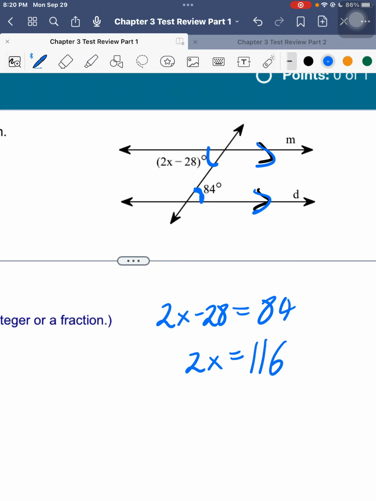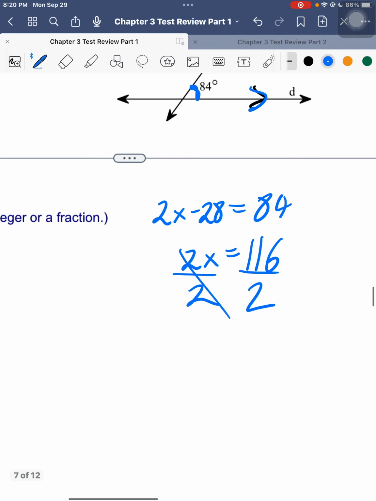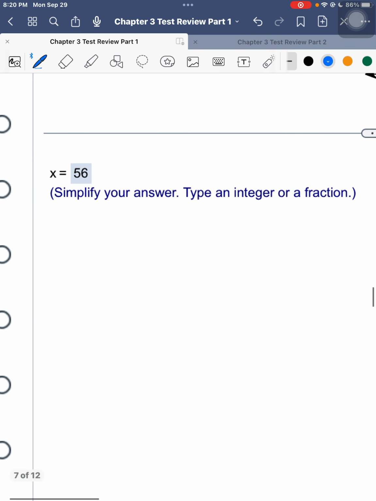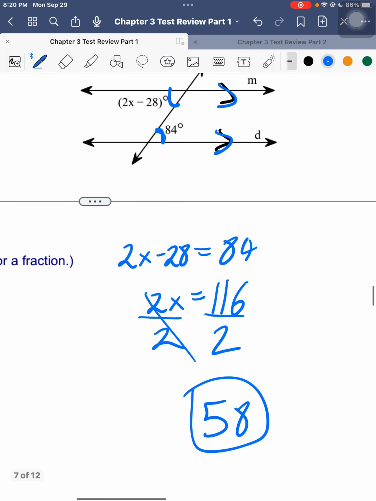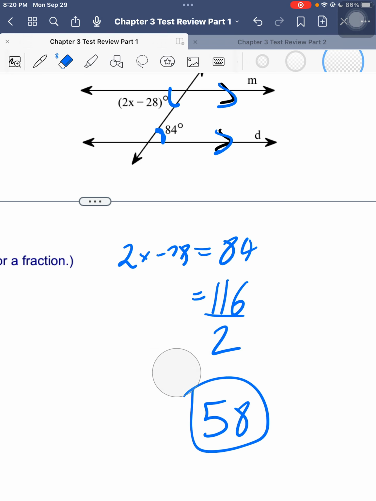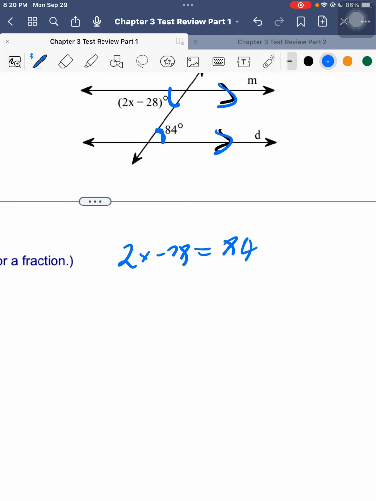So plus 28, that's going to give me what? 84 plus 28 is 116, right? Divide by 2, divide by 2. That's going to give me 58, I think. Okay, 56. My math here went wrong somewhere.